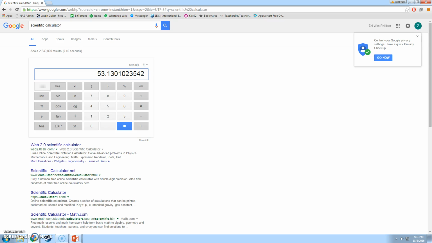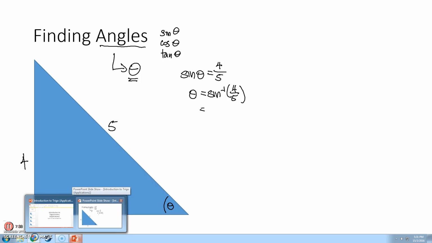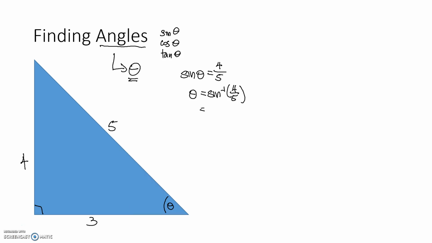Now for angles, we usually leave it to 1 decimal place. So we have 53.1 degrees. Now the same thing happens for cosine theta and tangent theta. Let's bring you through it. Cosine theta is adjacent over hypotenuse.